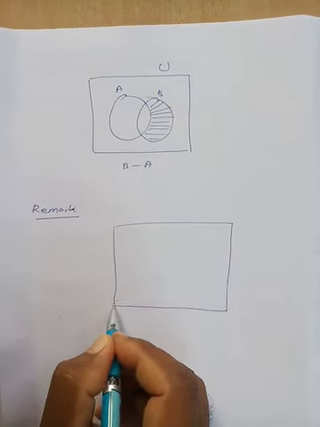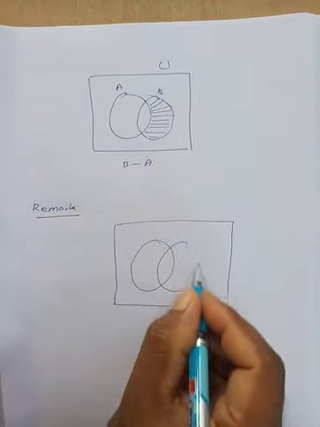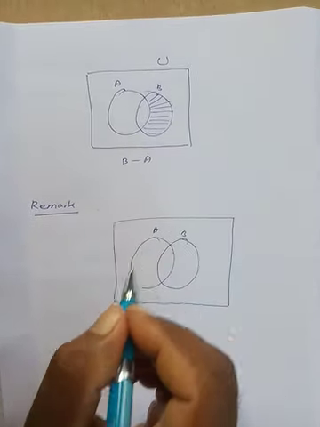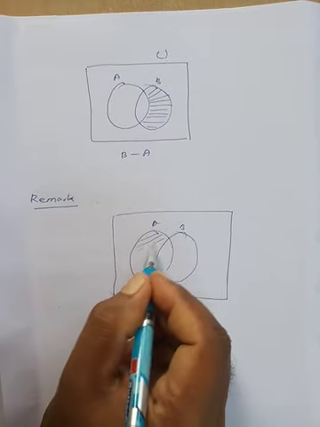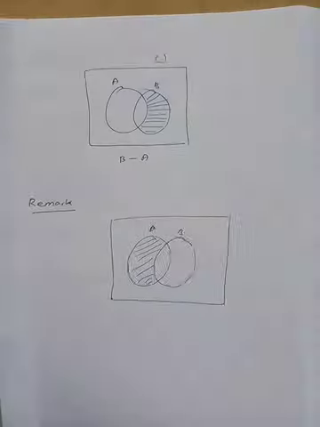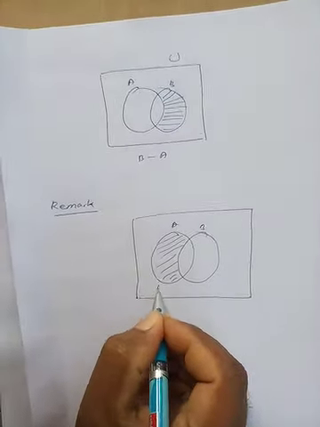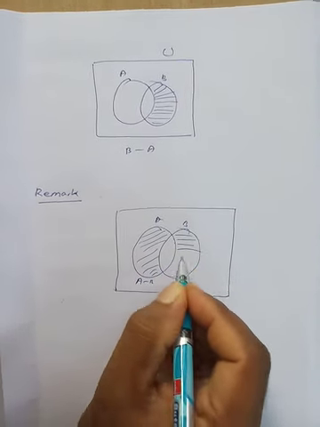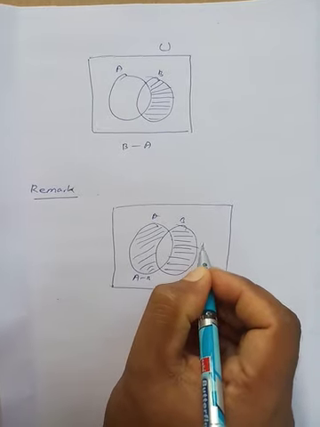Consider a rectangle and two overlapping sets A and B. This region is A difference B. This is B difference A.